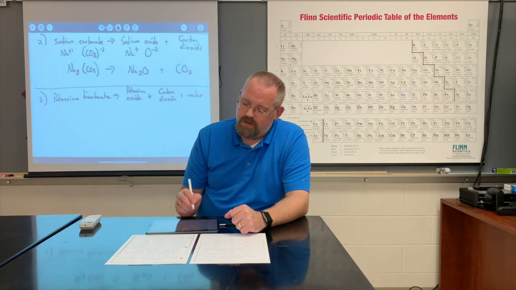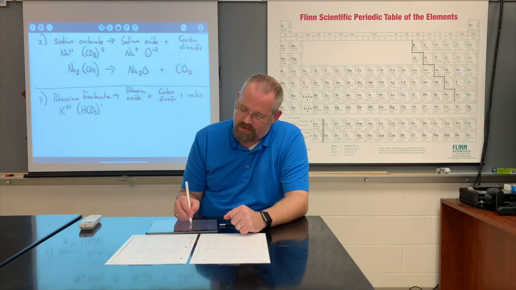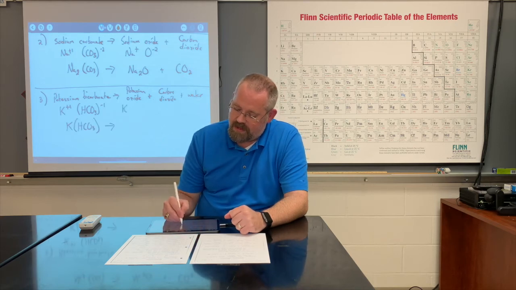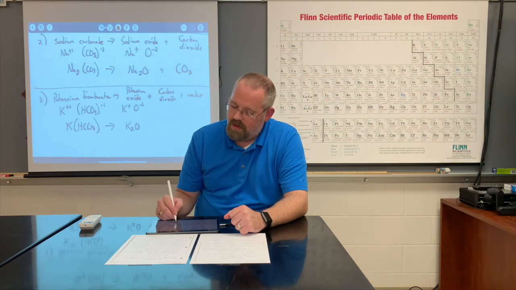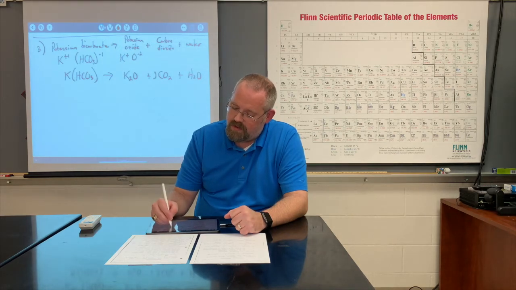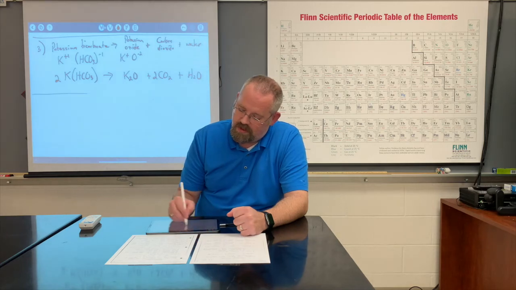So potassium bicarbonate. Potassium is a +1, bicarbonate, HCO3 with a -1 to give me KHCO3. Decomposes into potassium oxide. Potassium is +1, oxygen -2, gives me K2O. Plus carbon dioxide plus water. And to balance that, I'm going to have 2 carbon dioxides and 2 potassium bicarbonates, and that should be it.